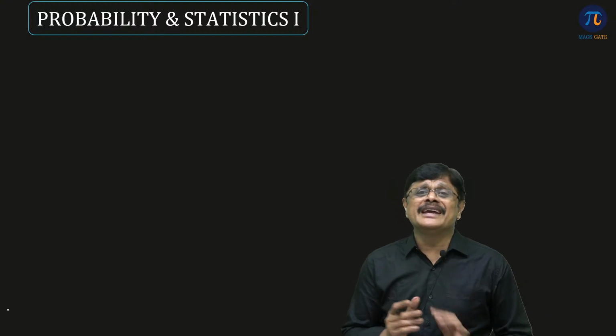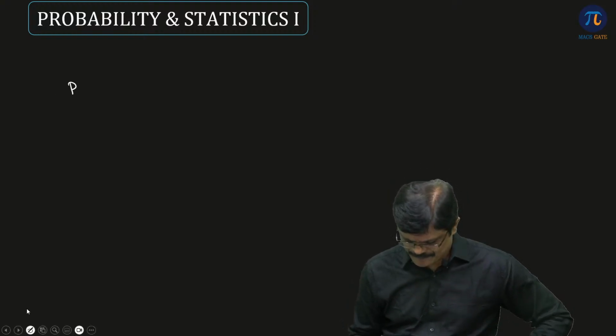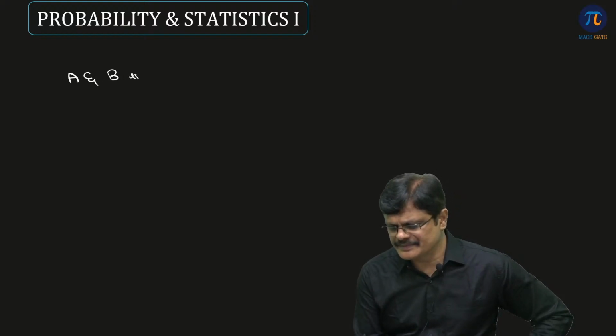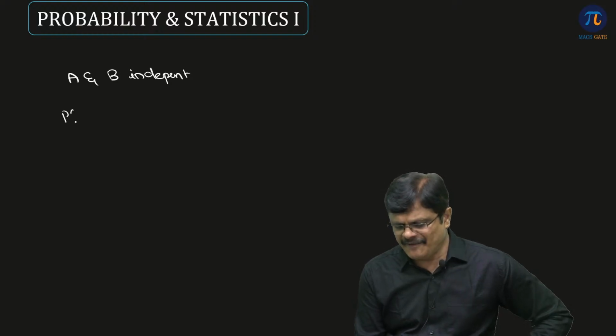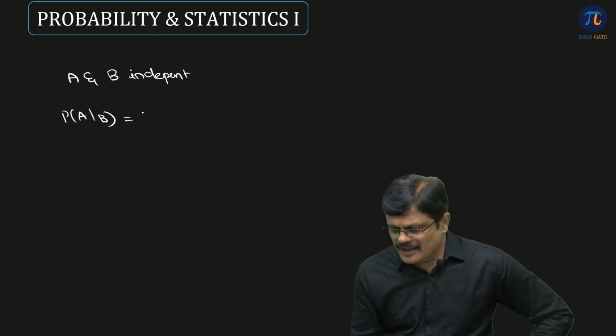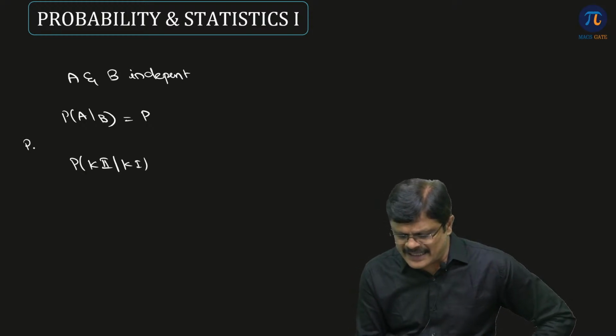Now, when the events are independent, as we just saw, suppose A and B are independent. And if I ask what is the probability of A given B? For example, what is the probability of king in the second draw when you get king in the first draw when the card is replaced?